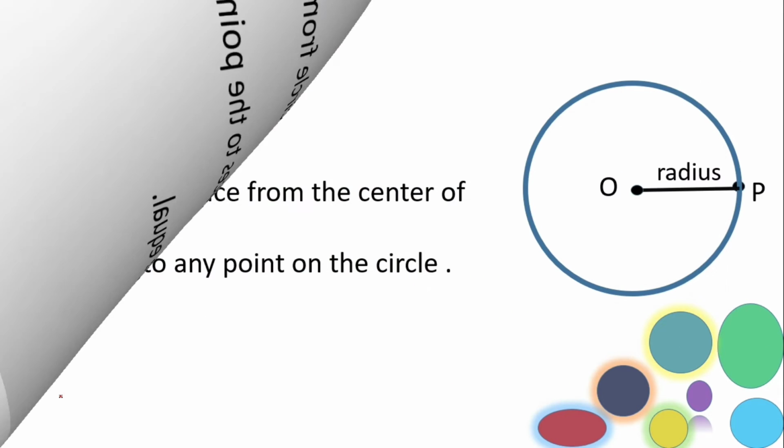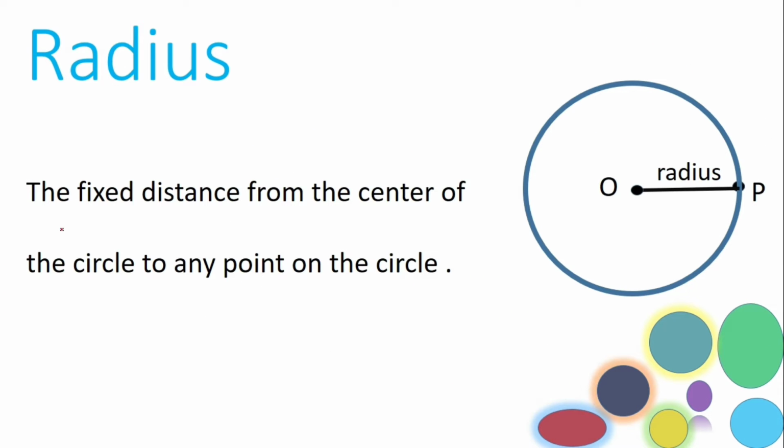Next we have the radius. The fixed distance from the center of the circle to any point on the circle is the radius. As you can see in the diagram, I have taken a point P on the circle and marked the center as O. So the distance from the point O to P is the radius, and the radius is equal throughout the circle.